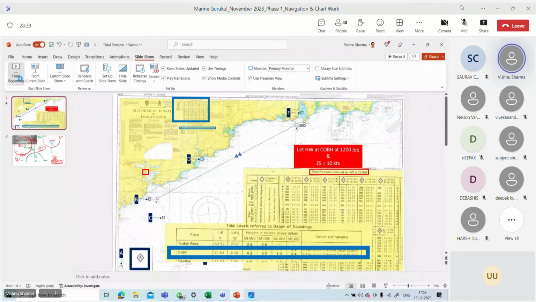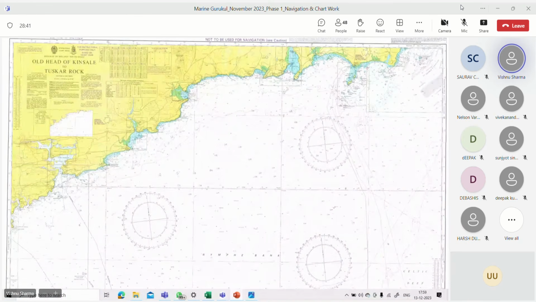Okay, guys, we go to tidal streams before we go to the last topic of the day. Now, in some of your charts, not all of them, if you remember, on day one we said there is some information given here and we called it tidal stream. This information, especially on 5048, is definitely there.